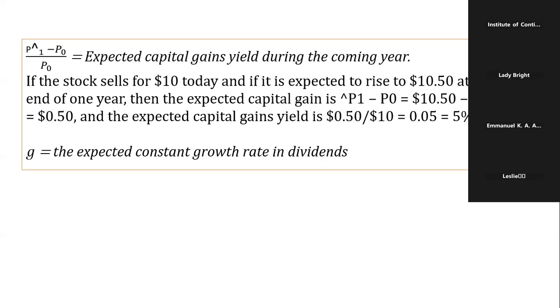I have an example here. If the stock sells for $10 today, and it's expected to rise in price to $10.50 at the end of the year, the expected capital gain will be P1 minus P0, which is $10.50 minus $10, equal to $0.50.